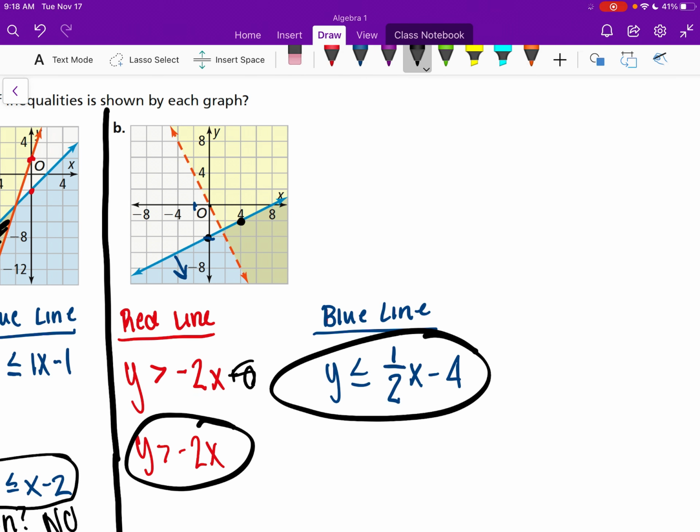So let's say, is the point (4, 2) a solution? Let's find out. Let's go where x is 4, y is 2. Up here in this yellow, is that part of the overlap? No. Let's find some more points.